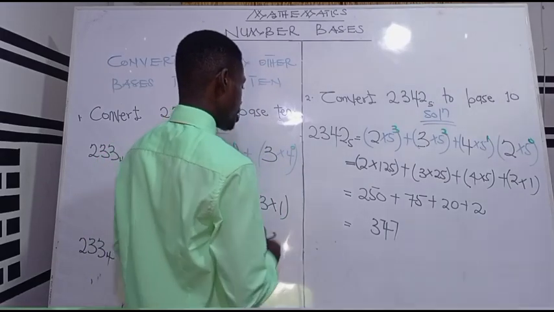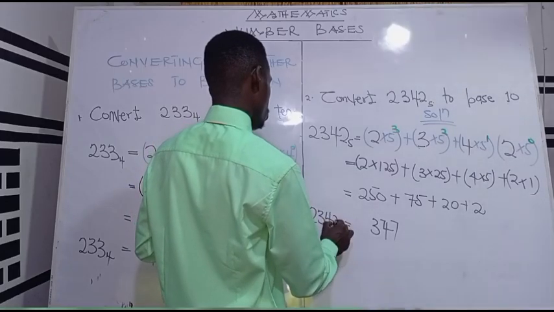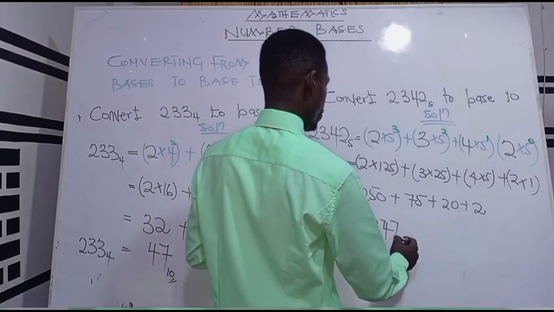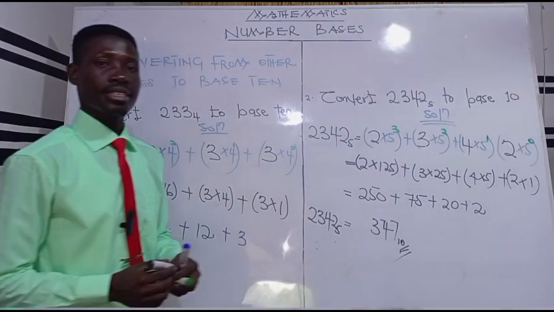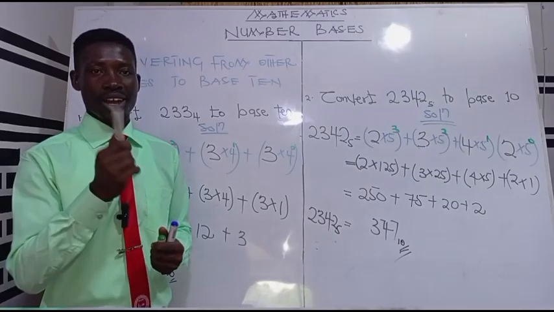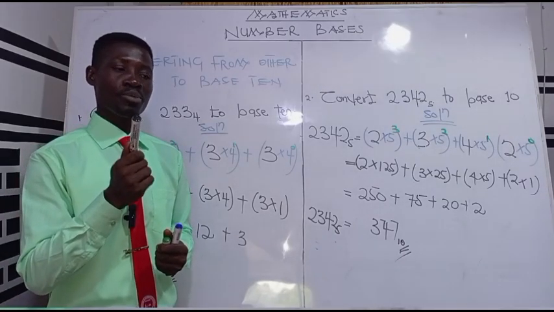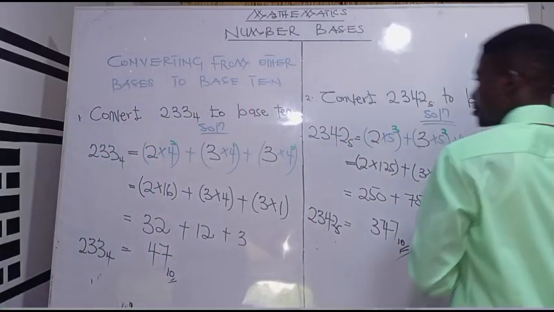So therefore we can say that 2, 3, 4, 2 base 5 is equal to 347 base 10. And that is very, very simple. I'll give you one more try example. Make sure you solve it, okay?